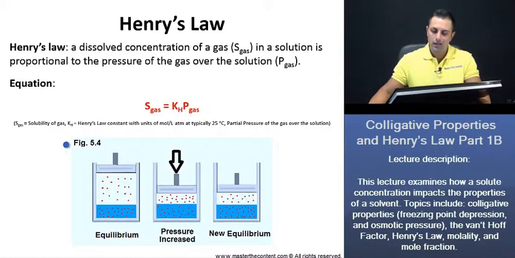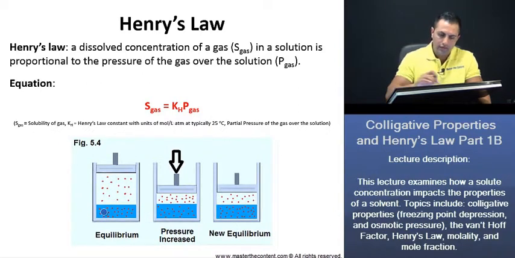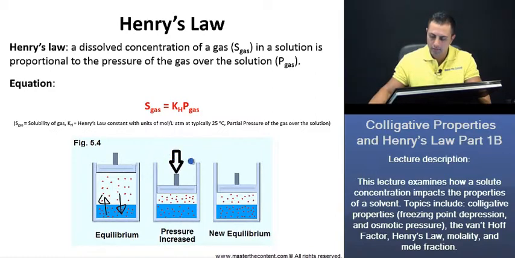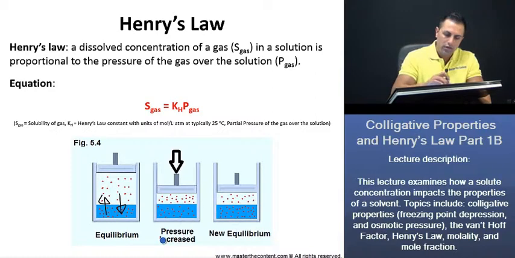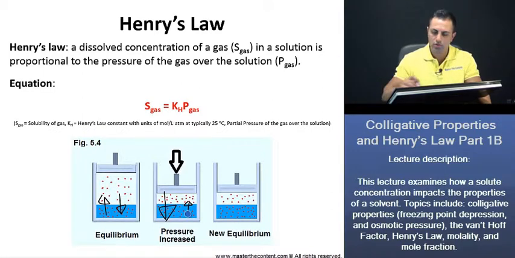Let's take a moment now and take a look at figure 5.4. At equilibrium, right here, we have equal amounts of gas particles going in and out of the solution. If we press down on the piston and increase the pressure, then momentarily we have more gas particles going into the solution than coming out of the solution.